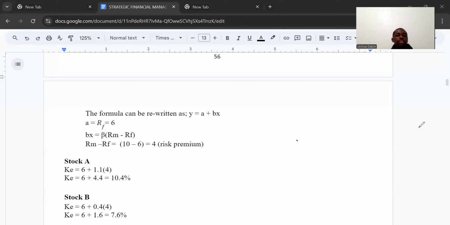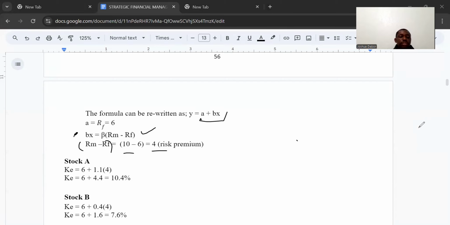From the formula of the security market line, we have Y equals A plus BX, which is just your BX, now the beta times RM minus RF. But what is RM minus RF, which is the risk premium? 10 minus 4, which is what I explained earlier.